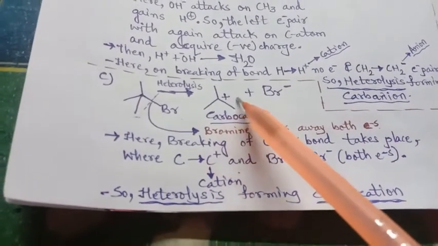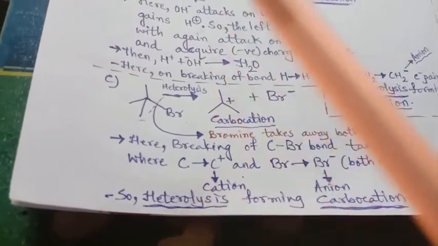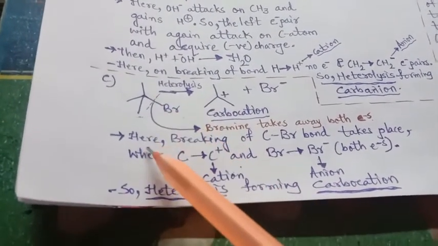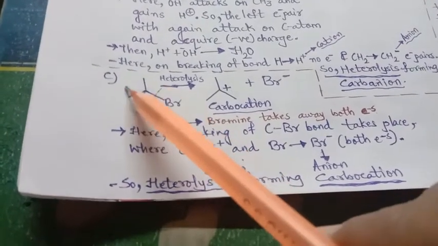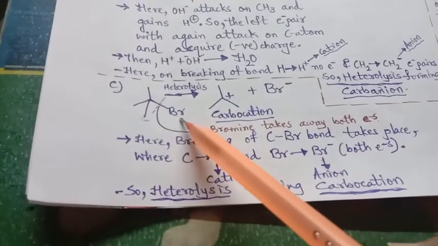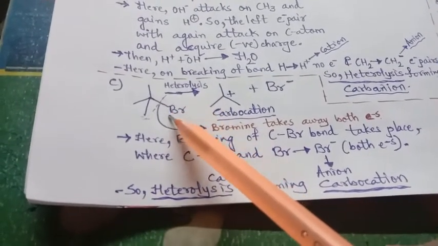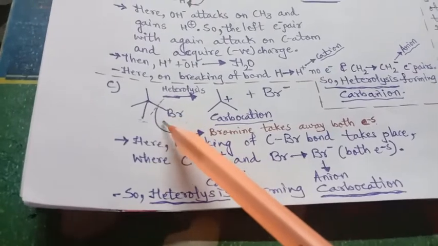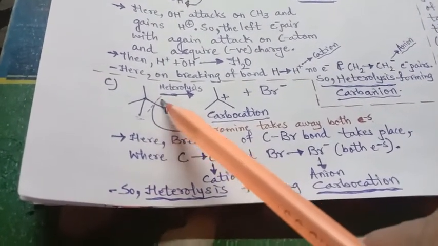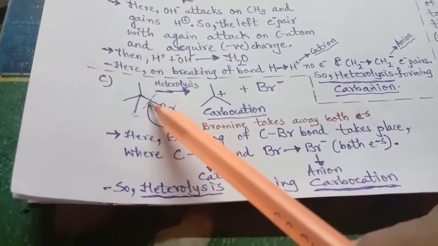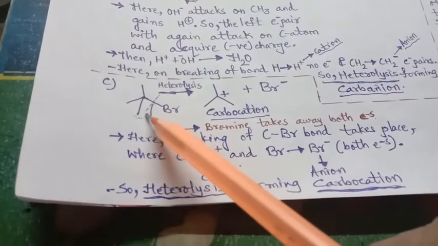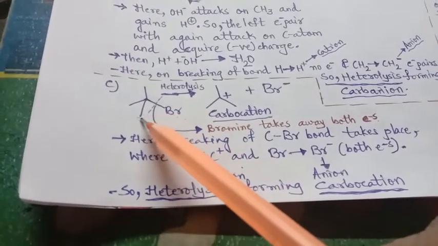And here it is a carbocation. Now, as soon as the reaction starts, that means carbon with 3 methyl groups, and as soon as the bromine is attached to it, the bromine, halogen family, is more electronegative, right? So it will try to take away more and more electron, and due to that the breakage will take place.